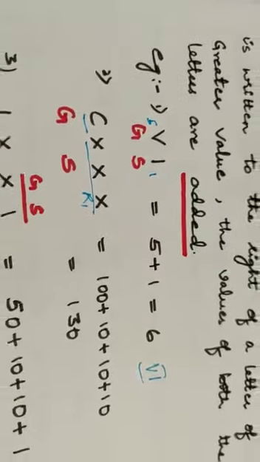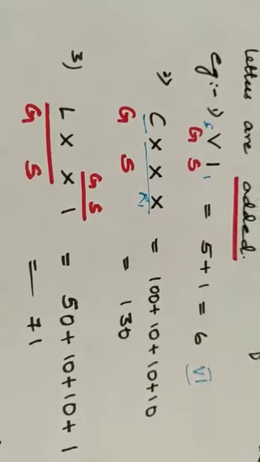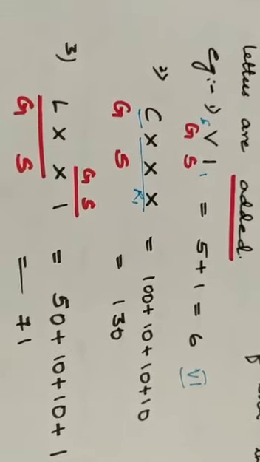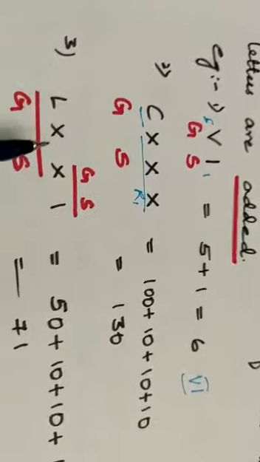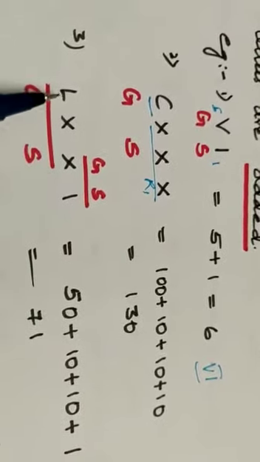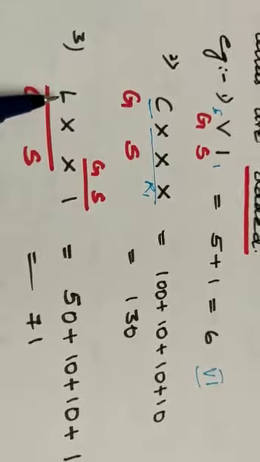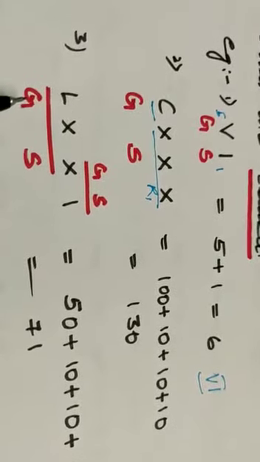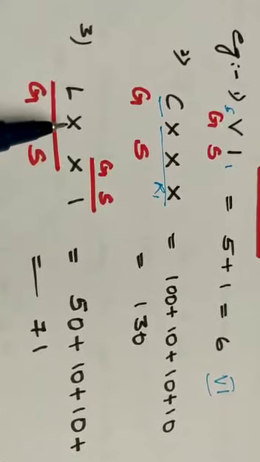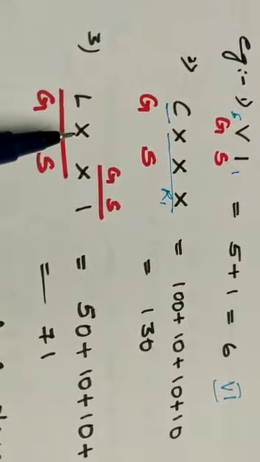Now let us observe example 3. What is happening in example 3? Observe, children. L, X, X, I. What is the value of L? 50, which is greater than X. What is the value of X? 10. Is it right, children?